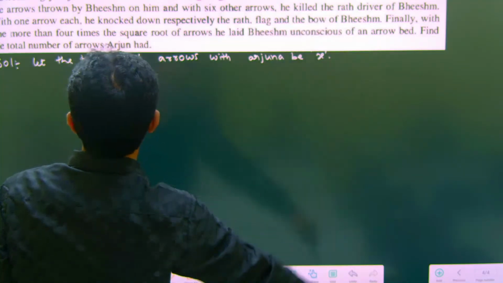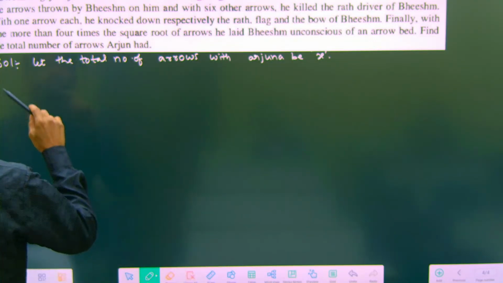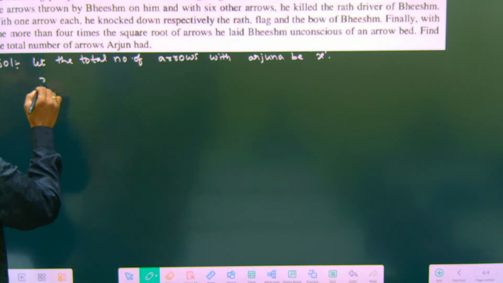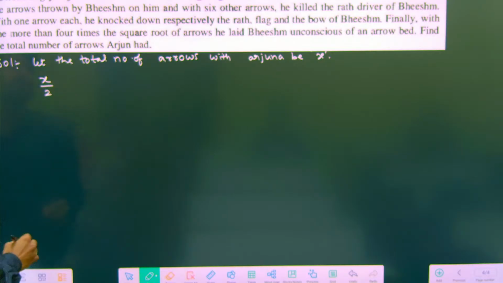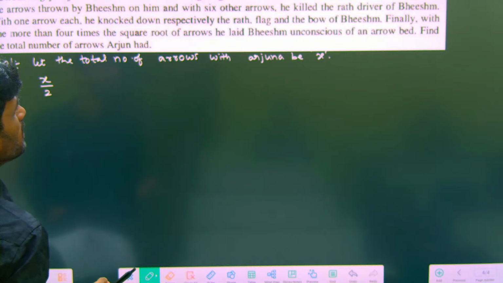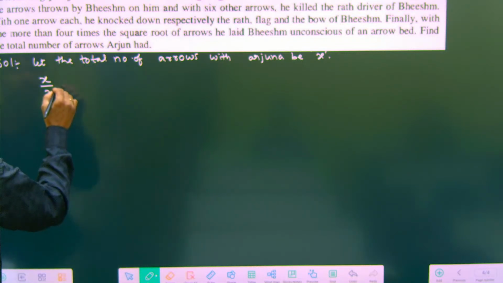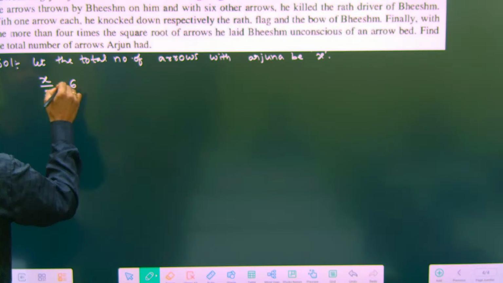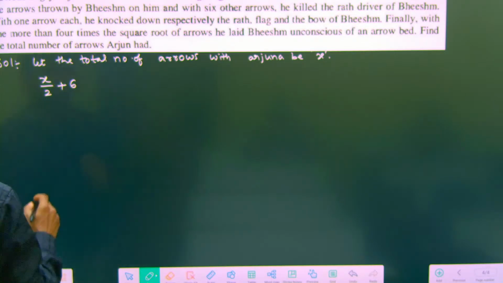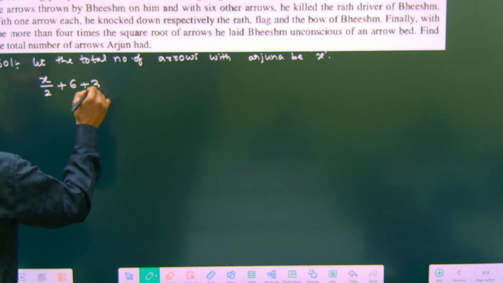Half of the arrows, he cut down the arrows thrown by Bhishma. So half of x, that is x by 2. Then six other arrows to kill the driver of Bhishma. Six should be added because six more he used. With one arrow each, he brought down the other flag and the bow. So for these three things, he used three arrows. So plus three should be added.